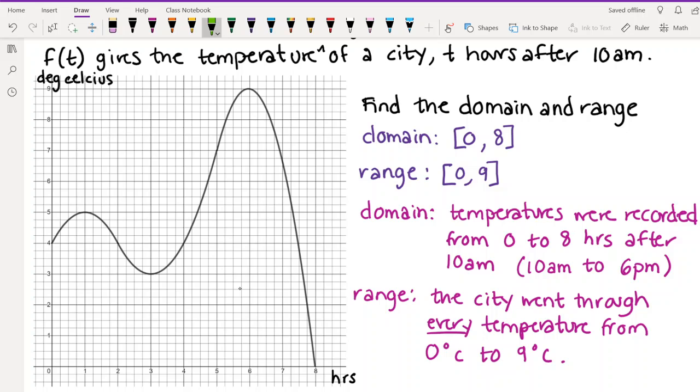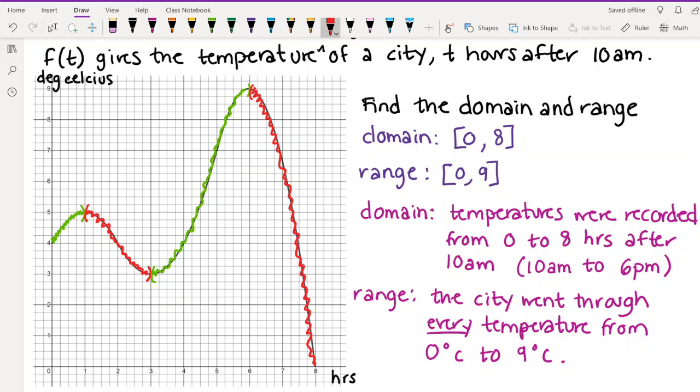It looks like it starts increasing from the get-go, from 4 up until 1, at which point it stops increasing. Then it starts decreasing, stops decreasing at 3, and starts increasing again. It's increasing all the way up until t is equal to 6. And then it's decreasing from there to our stopping point.